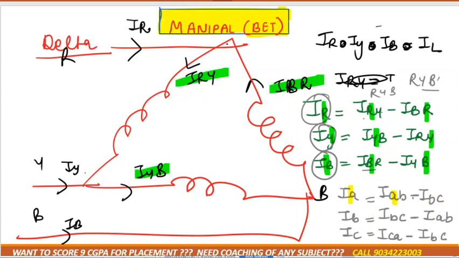A B, R Y, then B C, then C A. A to B, B to C, then C to A. Okay, so you can note it down in terms of ABC also. So this is the sequence.